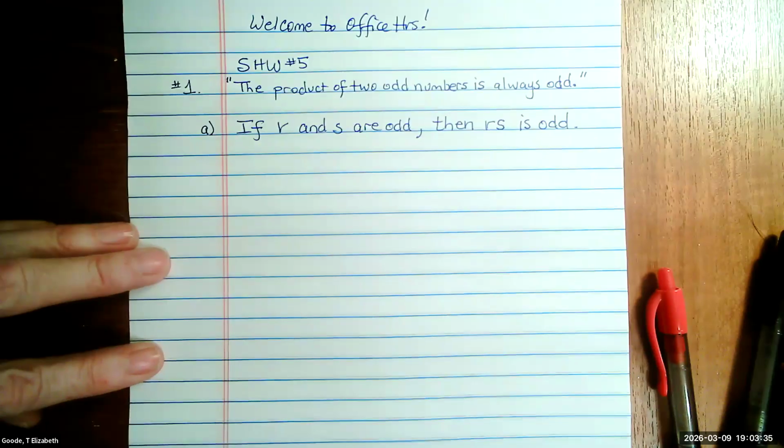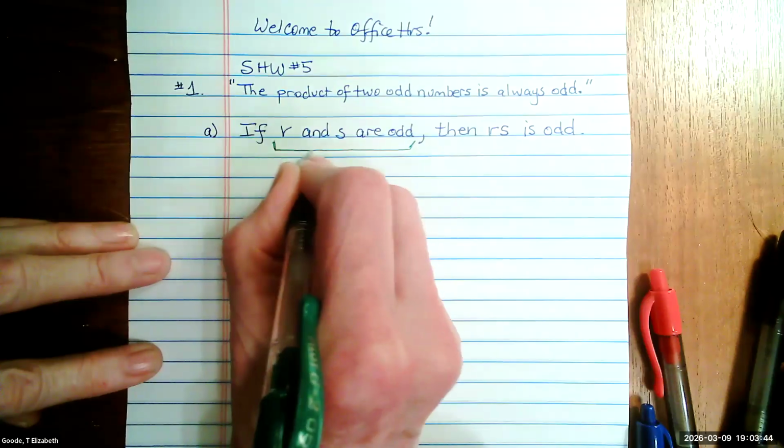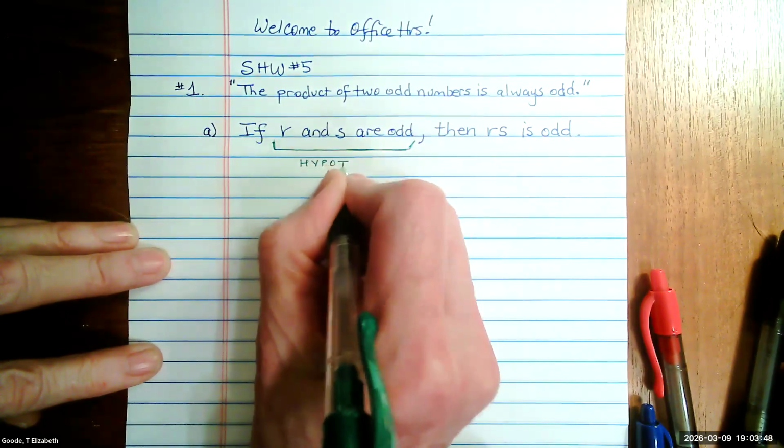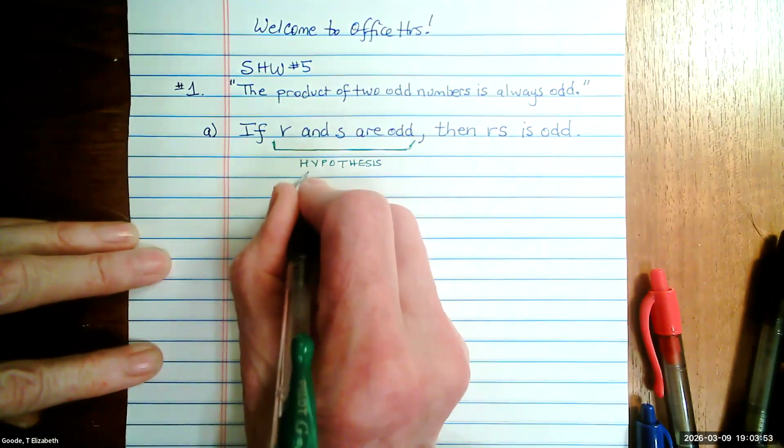Okay, yeah. I mean, we have a shot at proving that, right? Because now we can see that we will have this for our hypothesis. So we will assume this first part.